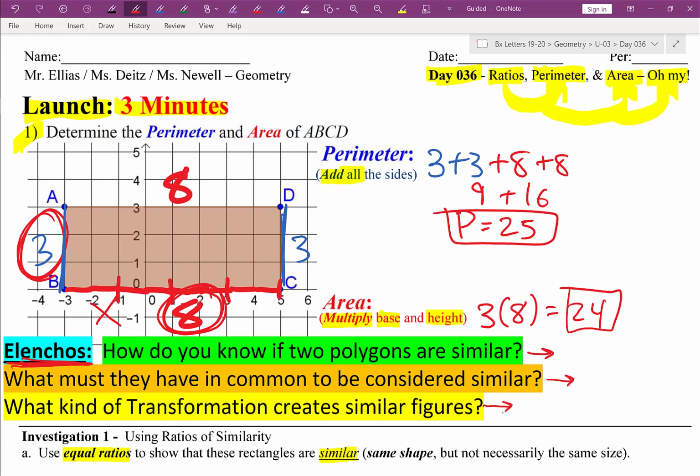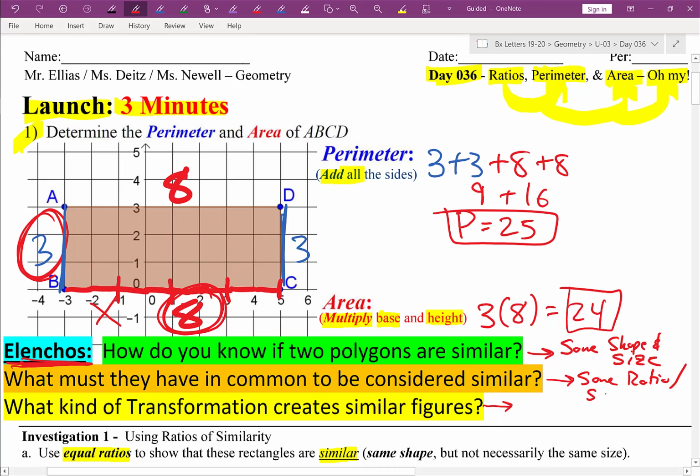So shapes are similar if they are the same shape, but not necessarily the same size. What must they have in common to be considered similar? Same ratio, scale factor. Right? The sides have to grow at the same scale factor.